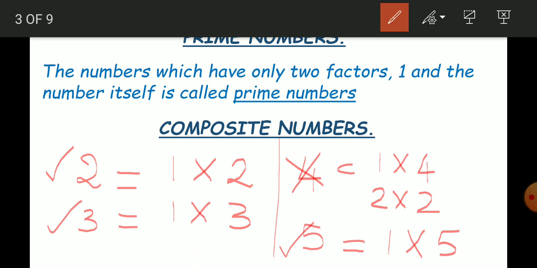Okay, so now see the definition. The numbers which have only two factors. So see here, these numbers all have only two factors, right? And for each number, one is the common factor, and the other factor is the number itself.